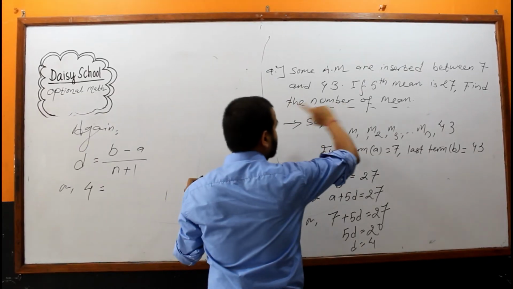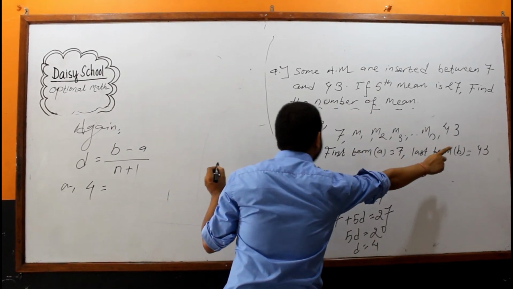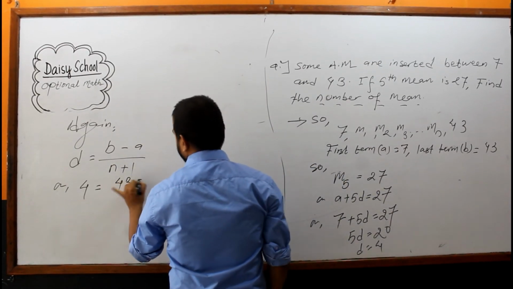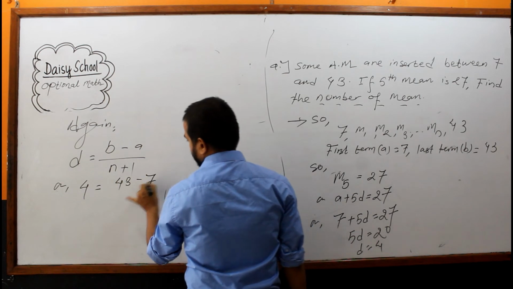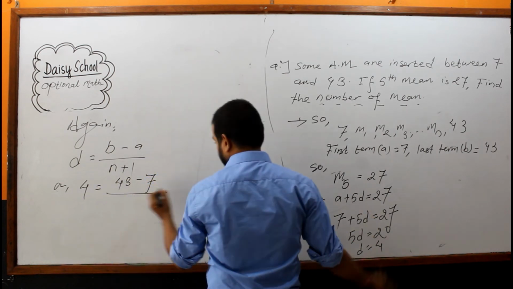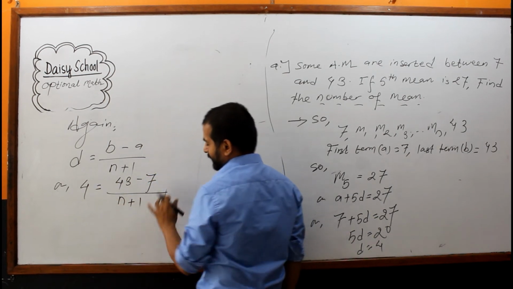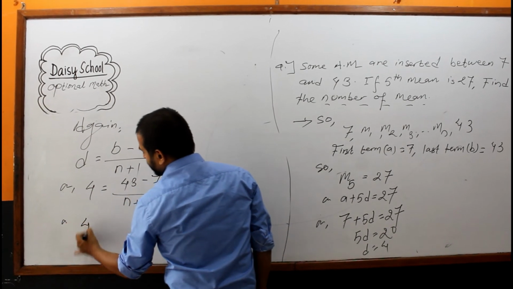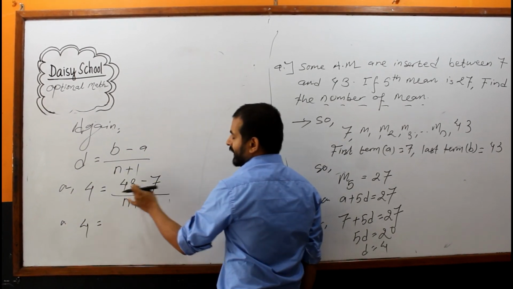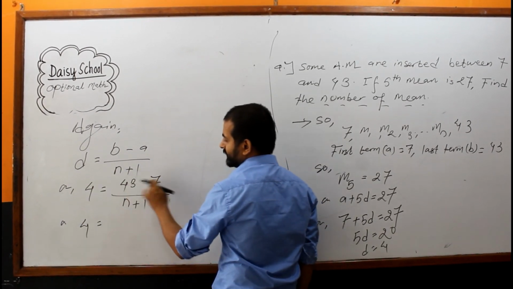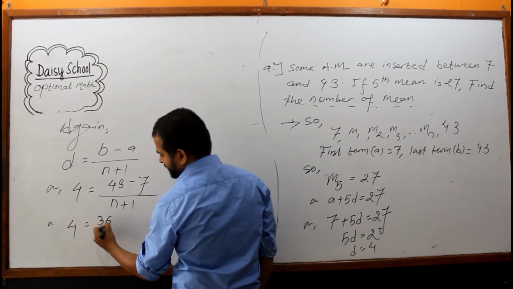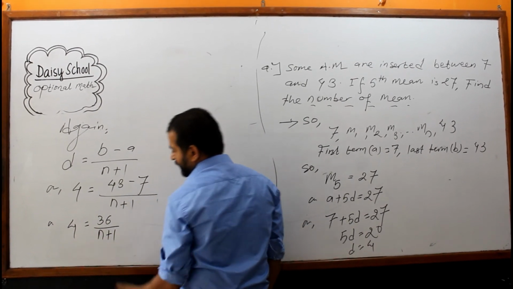B, the last term, is 43, minus first term 7, by N plus 1. Don't worry, N we have to find. So 4 equals, how much do we get? 36, 36 by N plus 1.